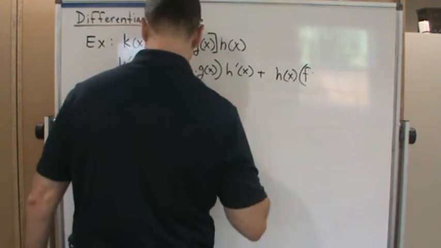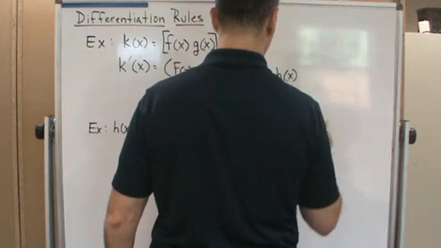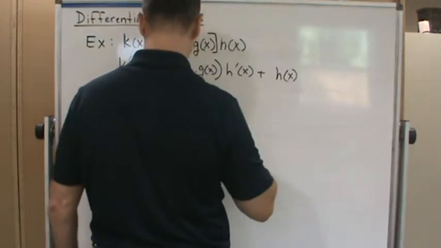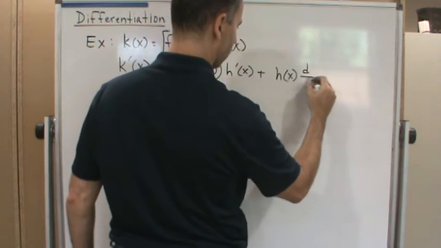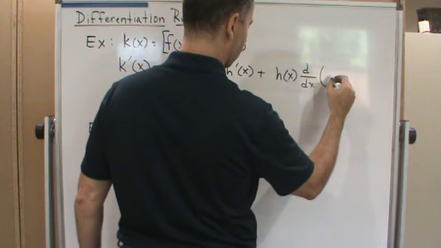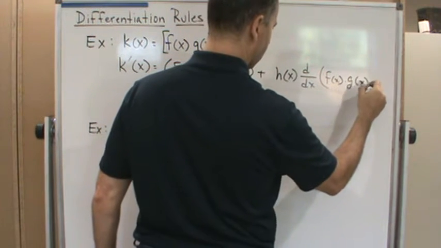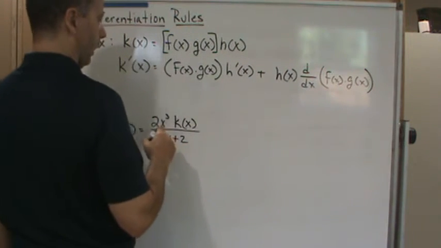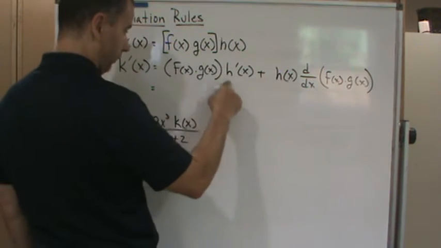of f, let me do it this way. f of x times g of x. And then now what I'm going to do is I'm going to expand this out.